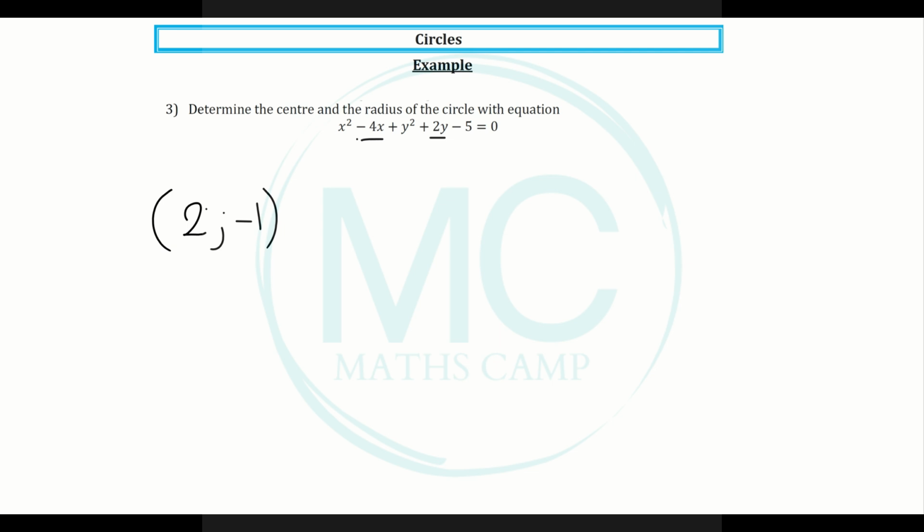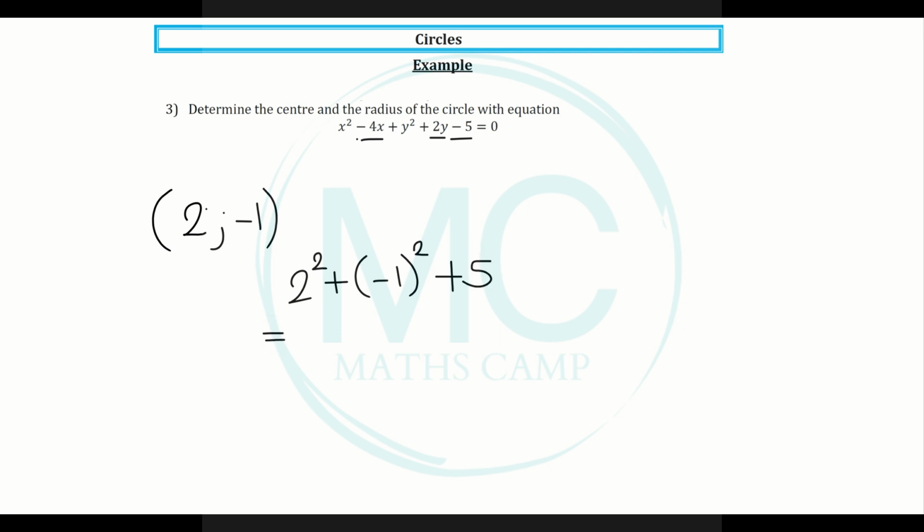To find the radius, we need to square these values. So we can say 2 squared plus, open a bracket, negative 1 squared. Then we subtract the constant in the equation, which in this case is negative 5. We can say minus negative 5.